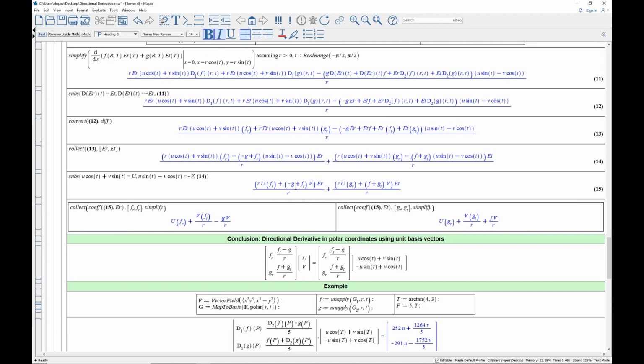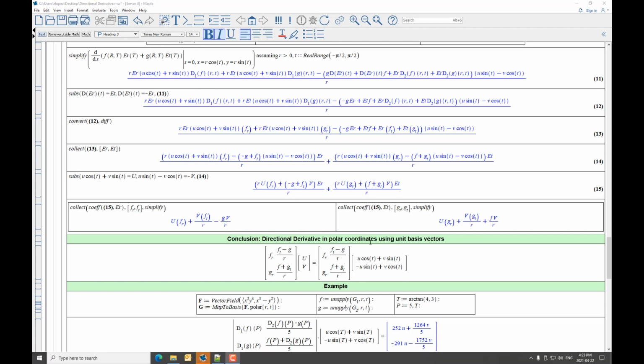I want to pull those out in a way that these two r's cancel. So I take the coefficient, then I collect F_r here, and two terms here for the V component. Same thing here, G_r, and two terms for the V component.